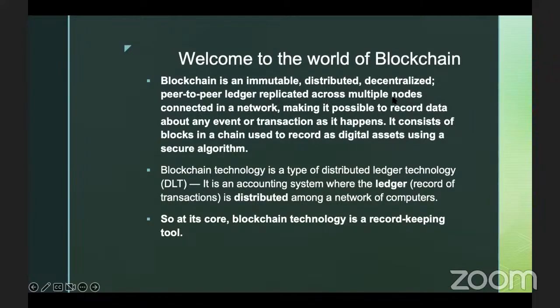A node is a computer in a peer-to-peer network where blockchain technology is applied. So it makes it possible to record data about any event or transaction and makes it very secure using a cryptographic algorithm. So that is what blockchain is.